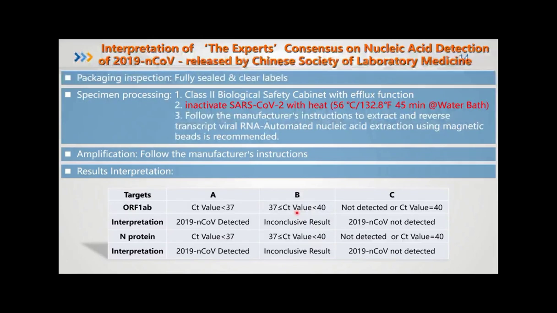Actually, most detection kits use the same strategy that targets two sites on the 2019 novel coronavirus genome. One is on ORF1ab and the other is on the N gene. Only if the CT values of both sites are lower than 37, we can conclude that 2019 novel coronavirus is detected.